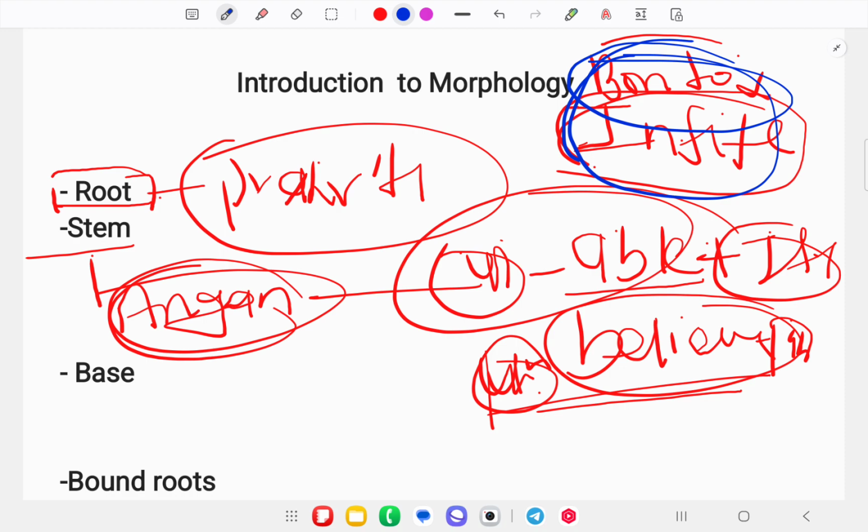Okay. Next we are talking about the stem. We have another definition of stem, given by Panini, who defined the stem in his Sutra 1.4.13.